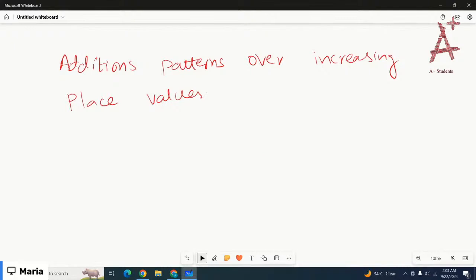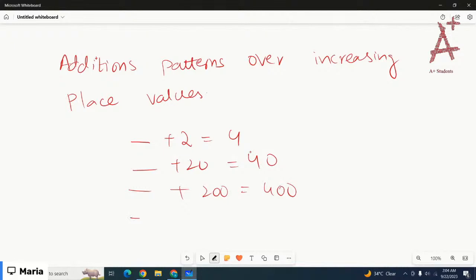Let's just start with the first example. You have to find a missing number, right? That is actually a pattern. You have to complete a pattern. Why is it a pattern?